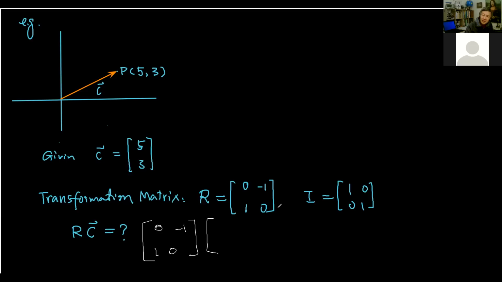So R is not equal to the identity. Shall we obtain another vector? We will obtain another vector for sure. Doesn't matter which direction. Can you try that?